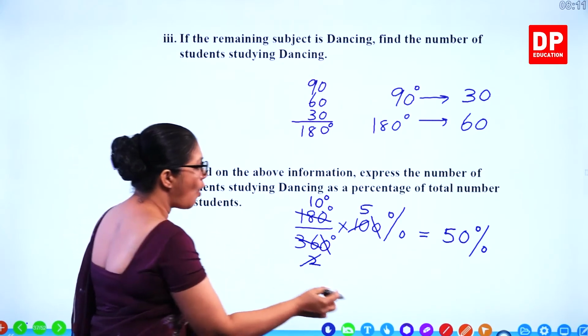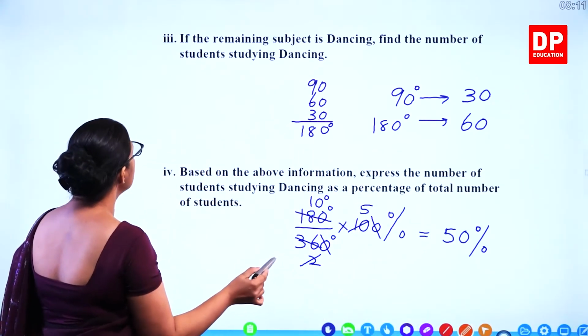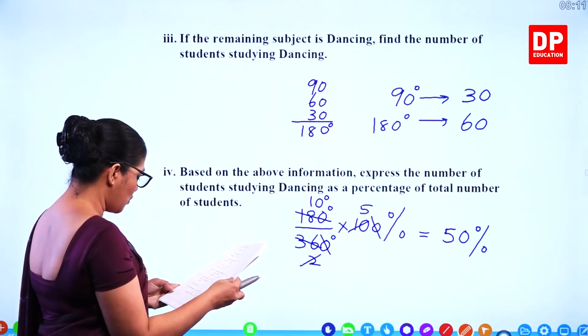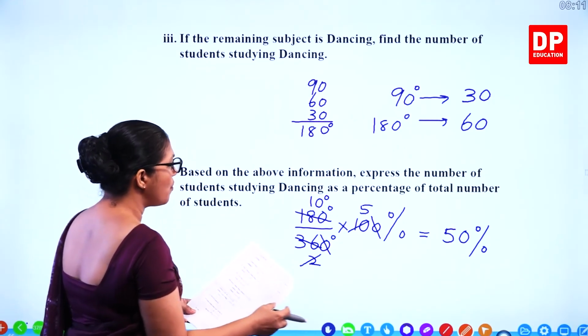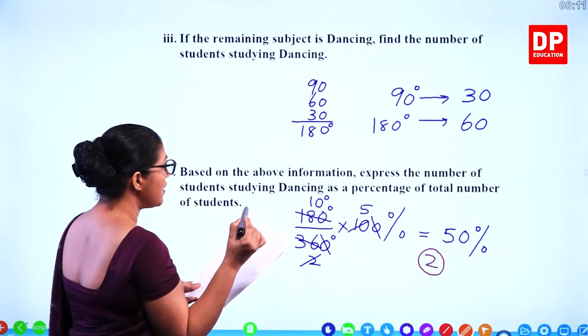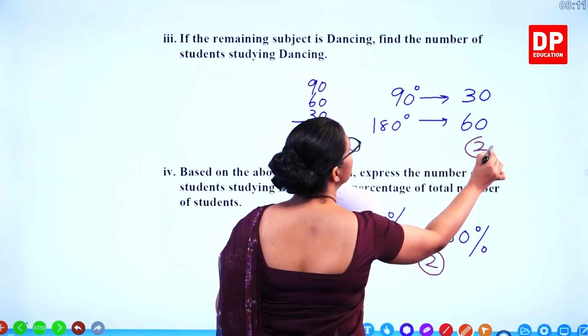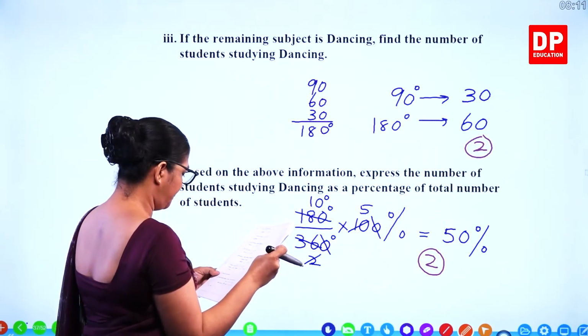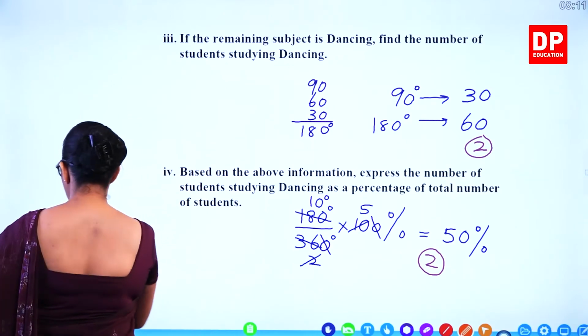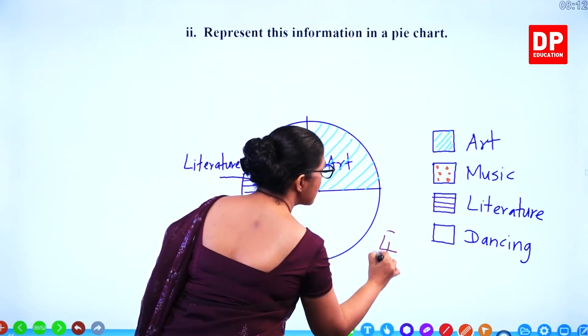So we'll see how many marks for each step. This is the last step. So 50%, you get 2 marks for the last step. And the previous part, 60 students, 2 marks. And drawing this pie chart, you get 4 marks.